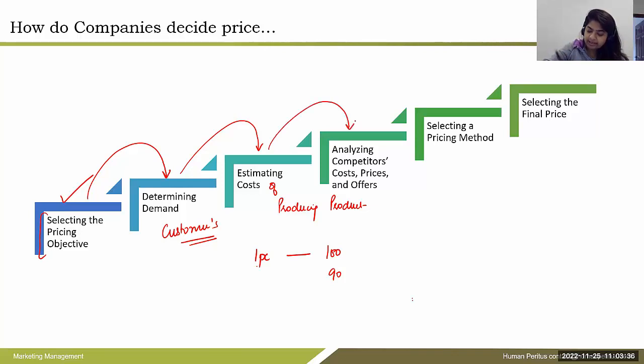Now, analyzing the competition. A perfect example here could be Pepsi and Coke. If Pepsi is selling something at, say, 20 rupees, the same 100 ml, Coke can't sell it at 25, because it's a perfect competition, like an oligopoly or a duopoly, wherein people will quickly change from Coke to Pepsi because they are almost similar products. So you have to keep your competition's price in mind before deciding your price.